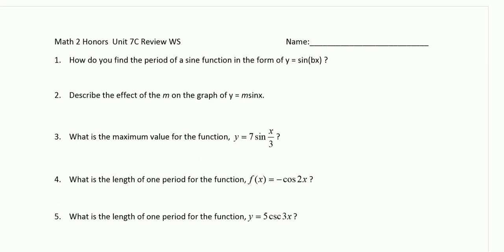Number 1 asks, how do you find the period of a sine function in the form y equals sine bx? Well, we know that y equals sine x has a period of 2 pi.